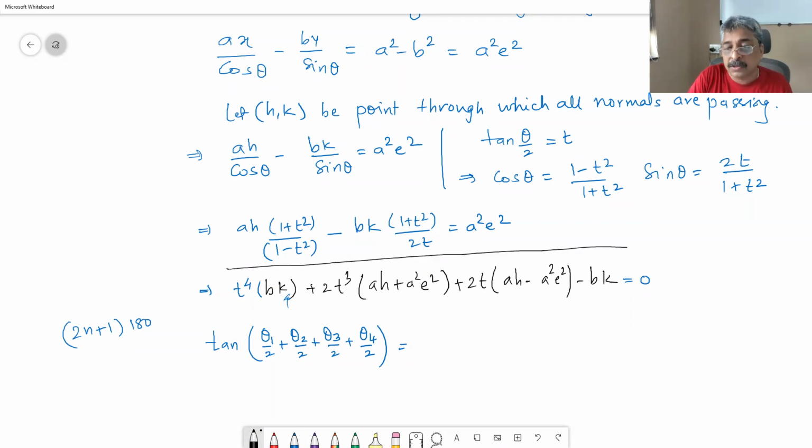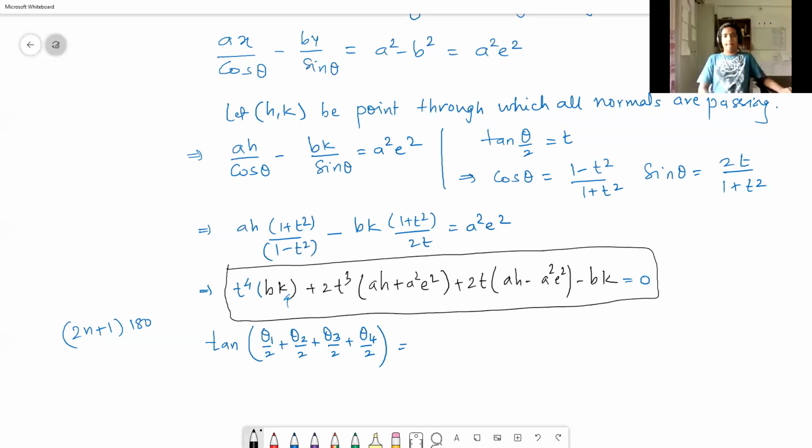Can you confirm this? Is it correct? This is an important equation. It gives us a lot of information.